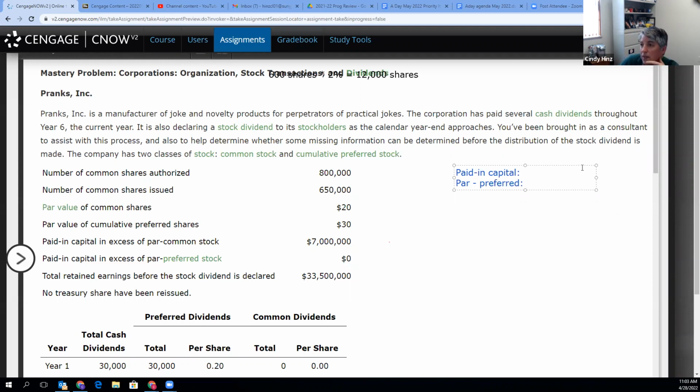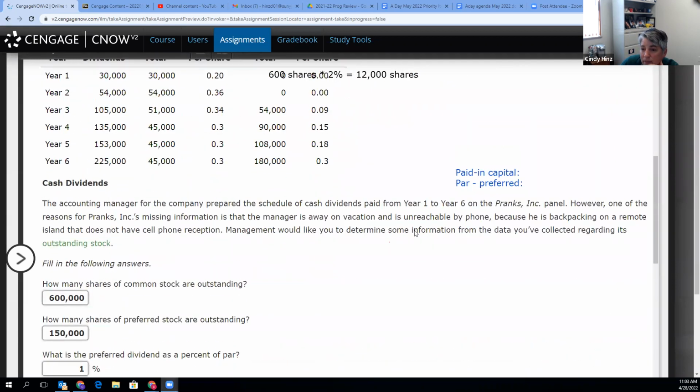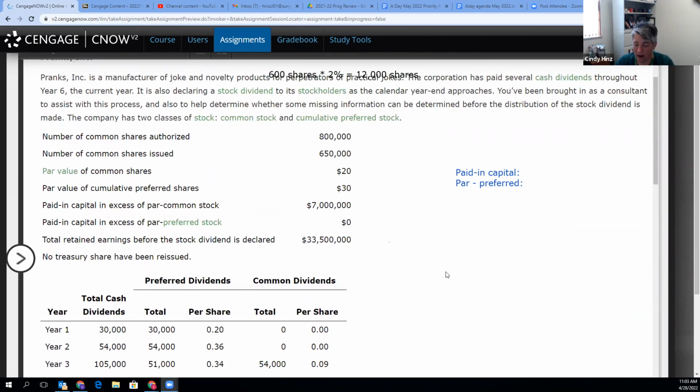How many shares did we say there were? Scroll down. So there are 150,000 shares of preferred stock, and the par value on those is $30 per share. So 150,000 shares at $30 per share is $4.5 million for the par value. And it tells us there is no paid in capital in excess of par on that preferred stock. So we'll just move on to the common stock.